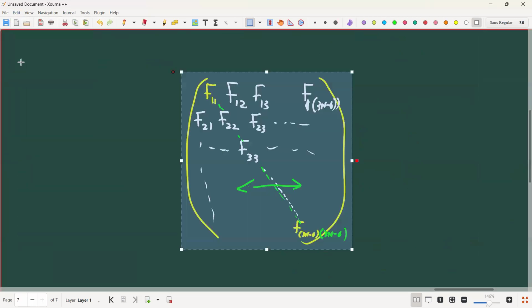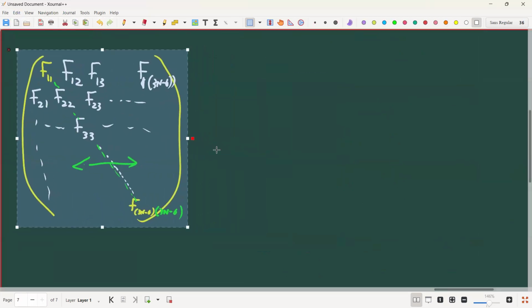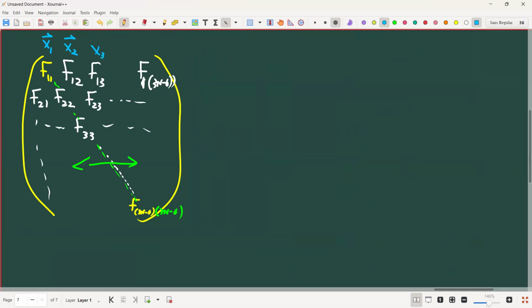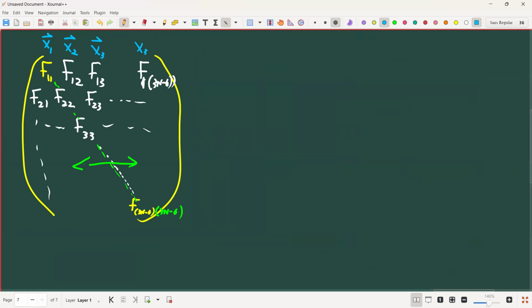So the idea is that we have this matrix here, right? And these entries correspond to our collective coordinates. These are, in some sense, the labels.